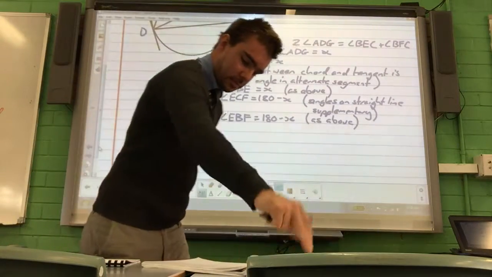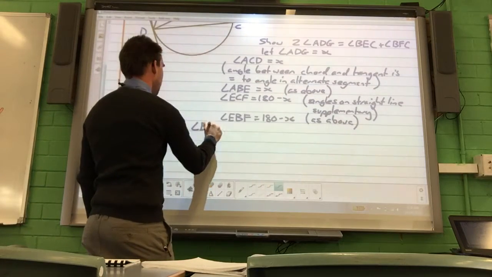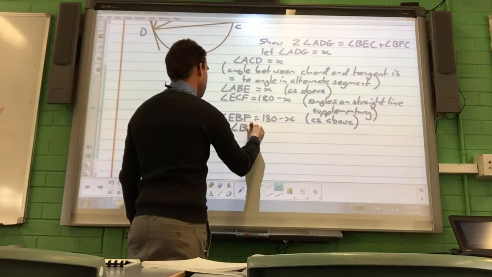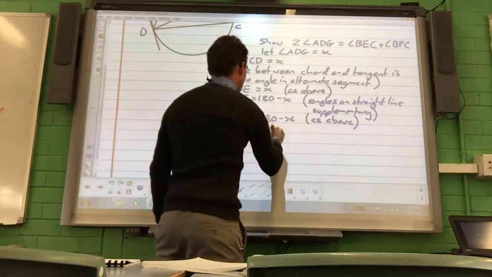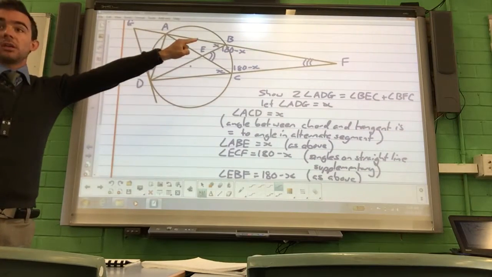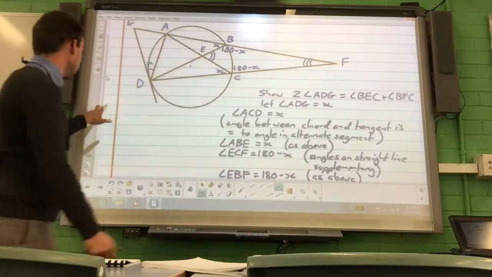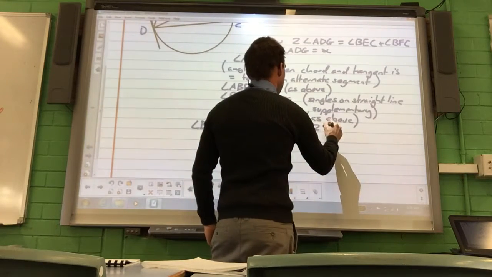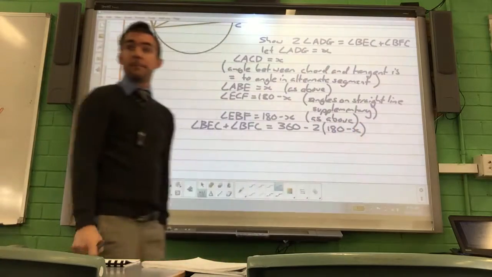So, alright, so angle BEC plus angle BFC, so the two angles that were notated with the arcs, okay. Can we see that BECF is a quadrilateral? What's the angle sum of the quadrilateral? Any quadrilateral is 360. So it equals 360 take away 2 lots of 180 take away x.